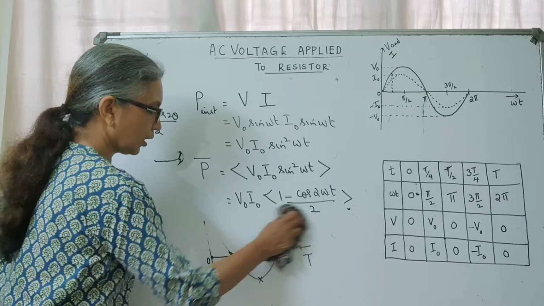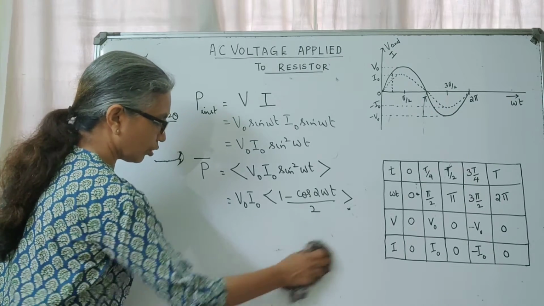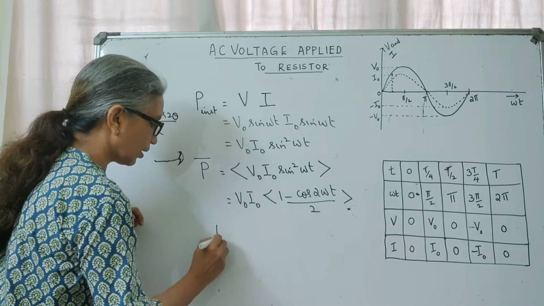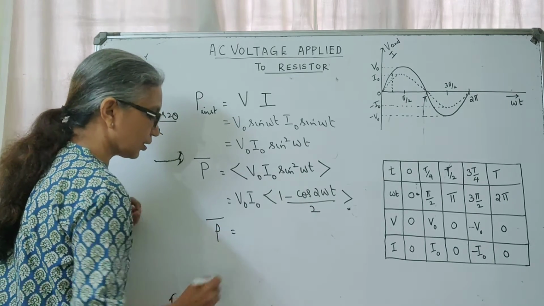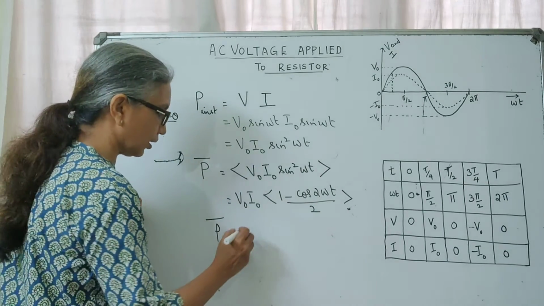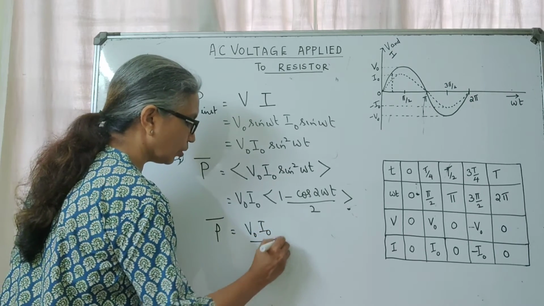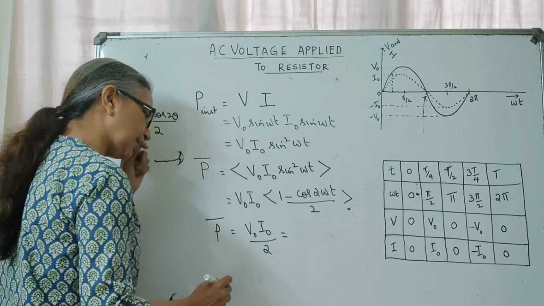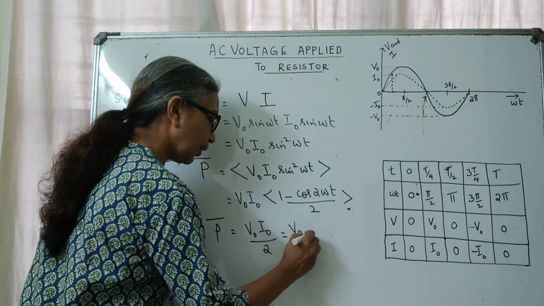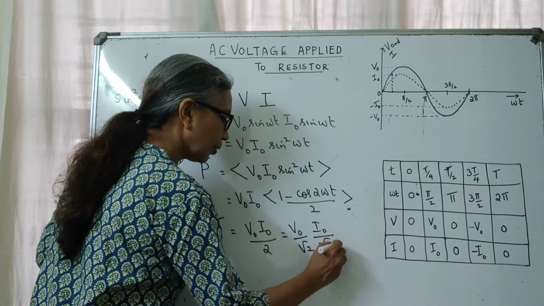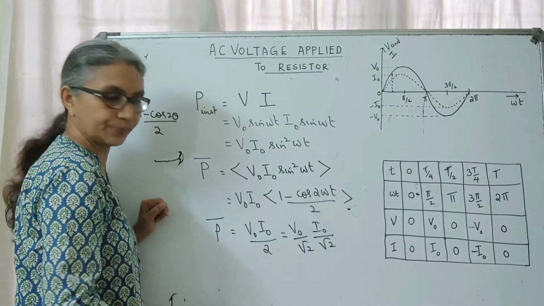So because of that, I may take the average of cos 2 omega t to be 0, so that I may write the average power in one cycle or one time period T as simply V0 I0 by 2, which I may also write as V0 by root 2 into I0 by root 2, because root 2 and root 2 give this 2.